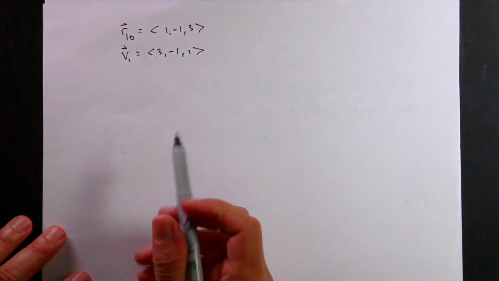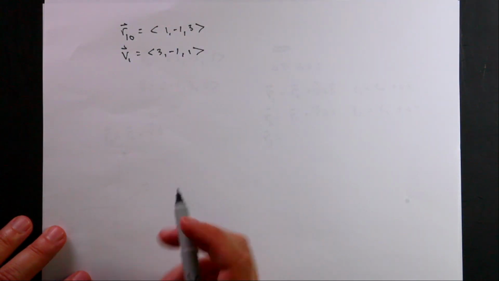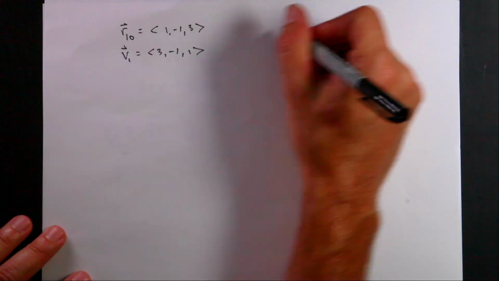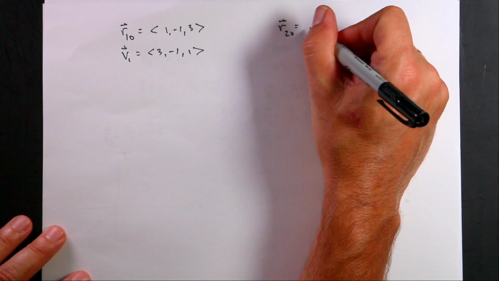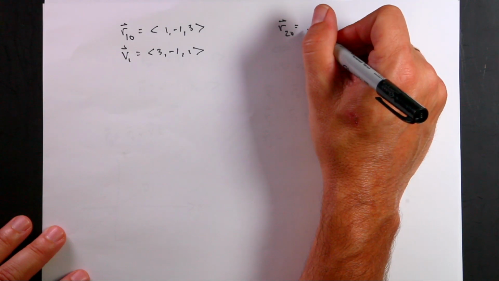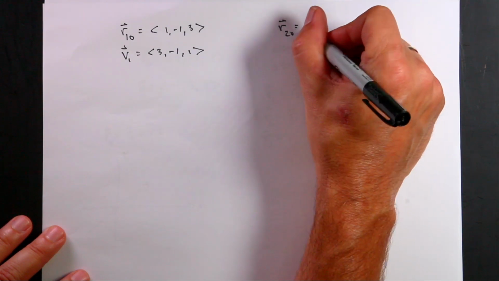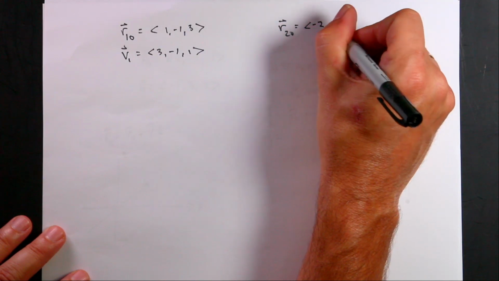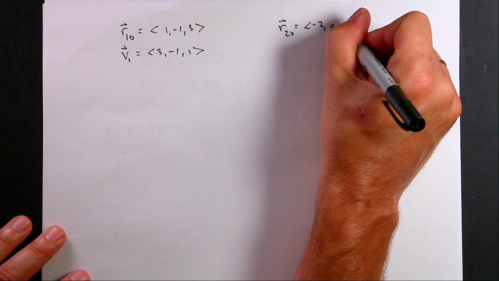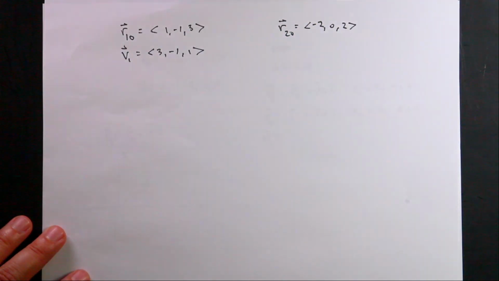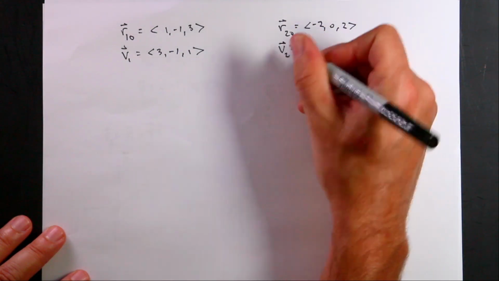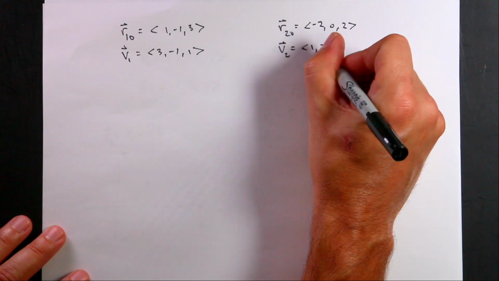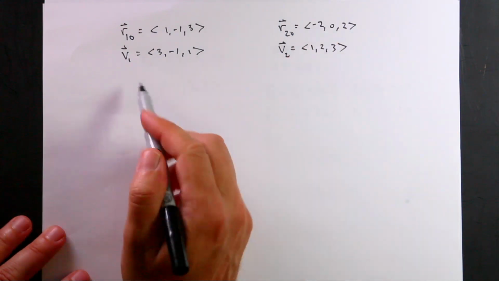And I'm going to write these in symmetric form too, just to make everyone happy. And then my other point is R20, the vector -2, 0, 2. And if they don't intersect, they don't intersect. And my velocity V2 is going to be equal to 1, 2, 3.